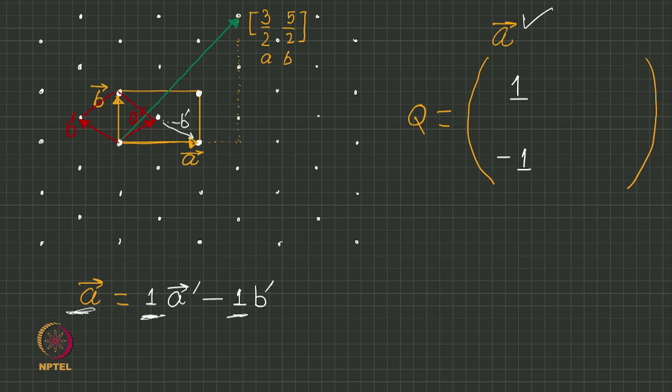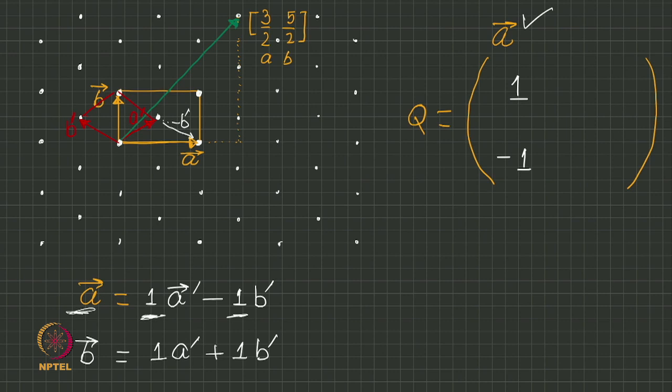What about B? How do I write B in terms of A prime, B prime? 1 A prime plus 1 B prime is very simple. All of you are with me, na? I am hearing only one voice, but I hope everybody is with me.